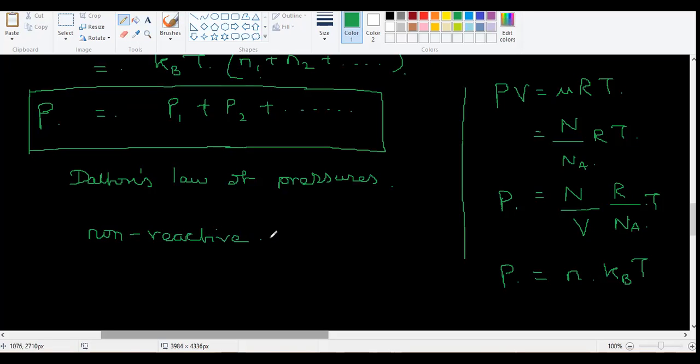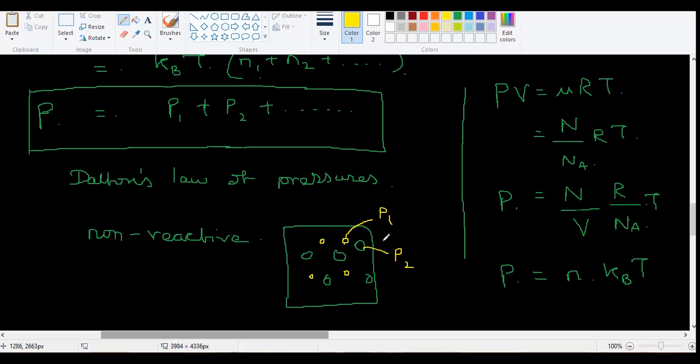So they have to be separate gases. If you have these molecules and some other molecules here, the partial pressure of the yellow one and the partial pressure of the green ones, if I add them together, that will be the total pressure. P is equal to P1 plus P2.